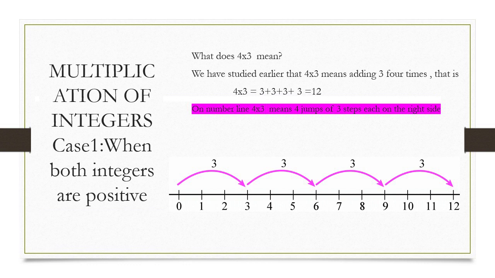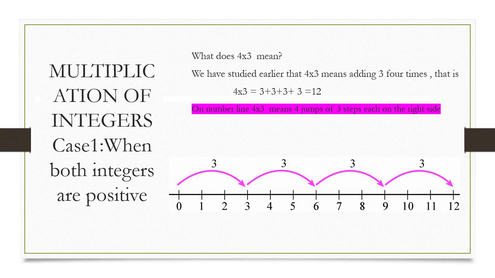Multiplication of integers on the number line. Let's consider the case when both the integers are positive. What does 4 into 3 mean? We have studied earlier that 4 into 3 means adding 3 four times. That is, 4 into 3 is equal to 3 plus 3 plus 3 plus 3, which is equal to 12.